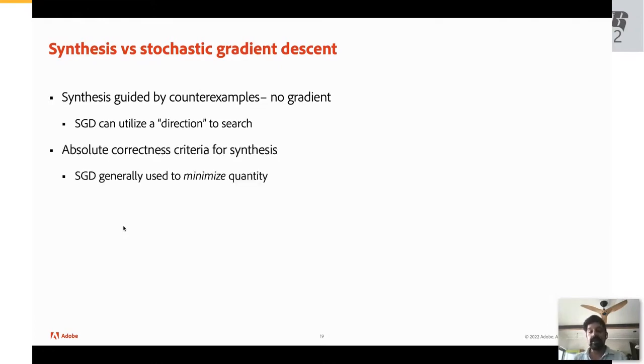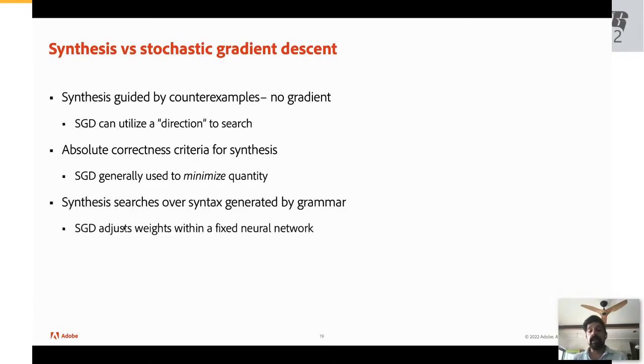In addition, the criterion generally is absolute correctness for program synthesis. That is, for every possible input, the outputs need to be exactly the same, rather than minimizing some quantity that is common in stochastic gradient descent.